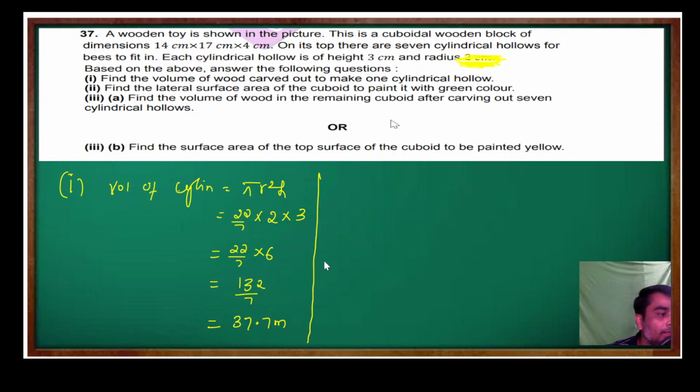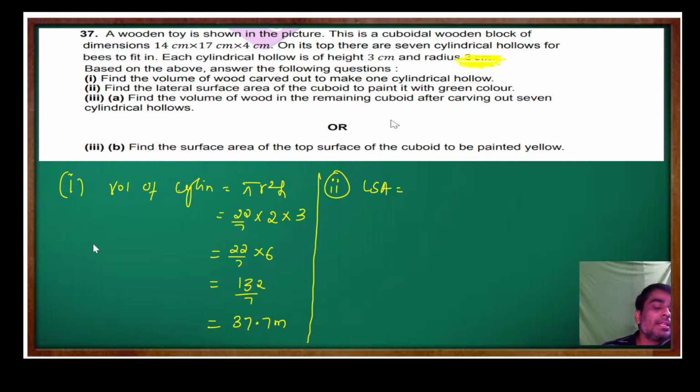This is the first part. Second part, lateral surface area, means curved surface area actually. See, curved surface area for round things like cylinder, cone. If it is cube and cuboid, it will be called LSA. For cube and cuboid, they call it LSA.